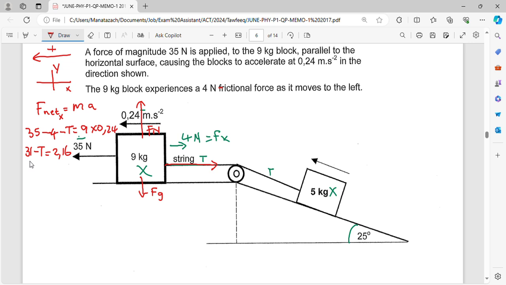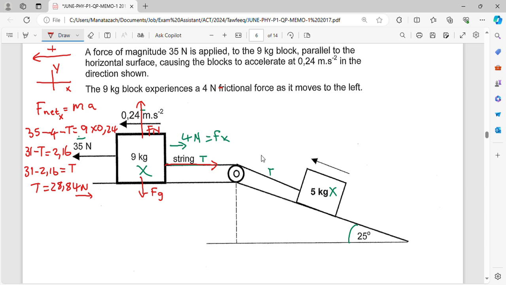From here on it's just basic mathematics. I'll take 2.16 to the left-hand side, it will change the sign, and T to the right-hand side, it will become positive. So 31 minus 2.16 gives us 28.84 Newton.